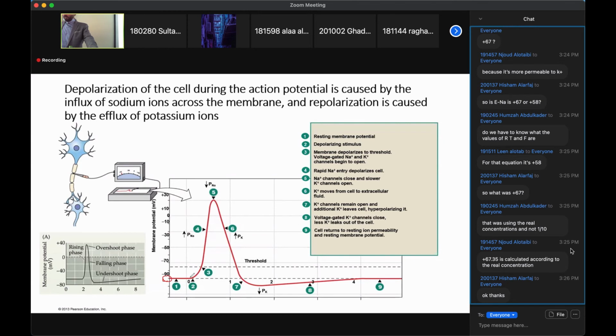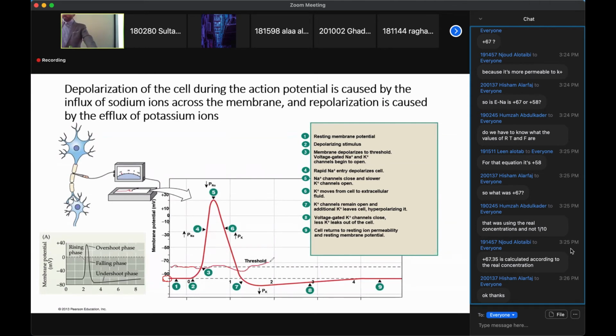Now, when there is a stimulus, we said that neurons are excitable cells. So it responds to a stimulus that will open sodium channels, okay? Opening sodium channels and entry of sodium would take the membrane to a threshold.